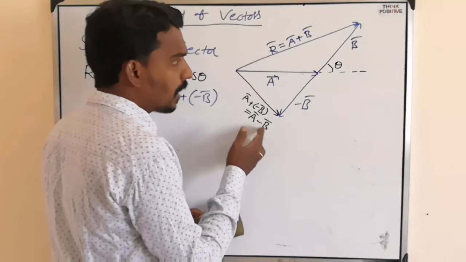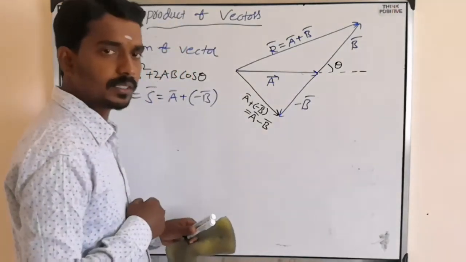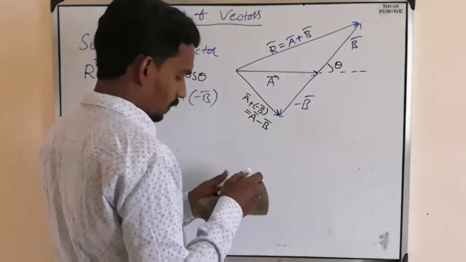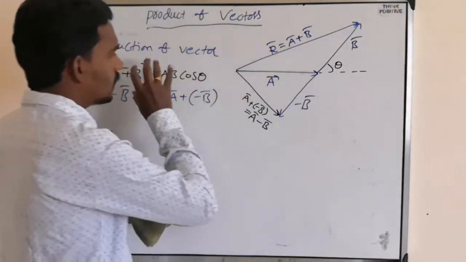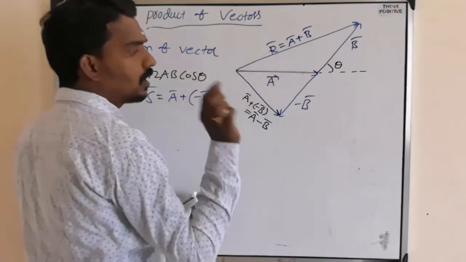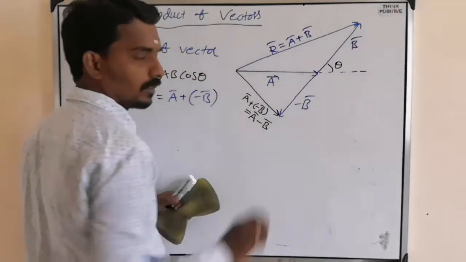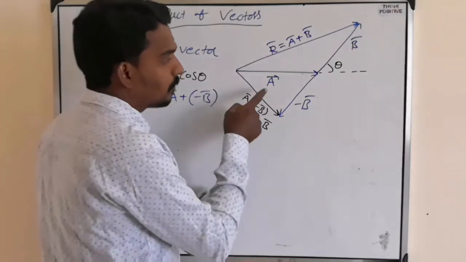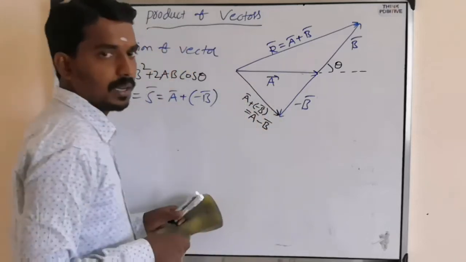Now this is A bar minus B bar, right? Here A bar plus B bar means you have added A bar with B bar. Here A bar minus B bar is nothing but addition of A bar with minus B bar.